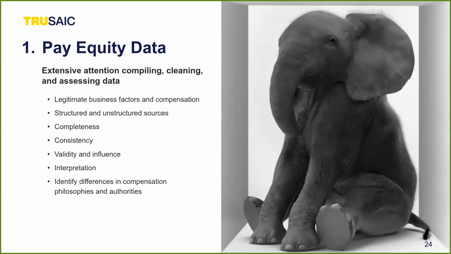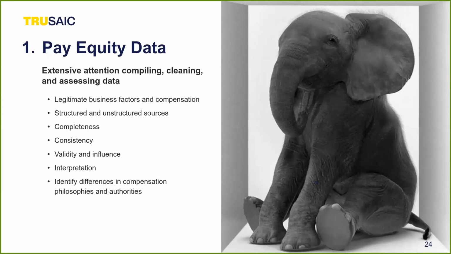All right, pay equity data. We've spent a fair amount of time talking about completeness, consistency, and validity, and influence in terms of anomaly detection. What I want to emphasize here is that data obviously has to be of high quality, both in terms of the factors that are meant to explain compensation and in terms of the compensation data itself.